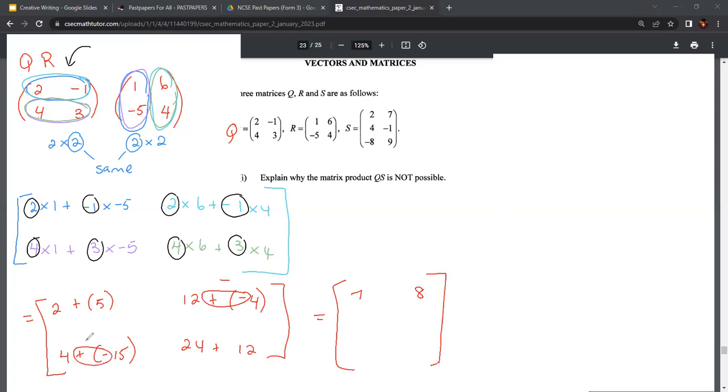Minus plus becomes a minus, so this becomes -11. 24 plus 12, that becomes 36. All right, so we go through, you could double check, and we make sure that we get our solution.